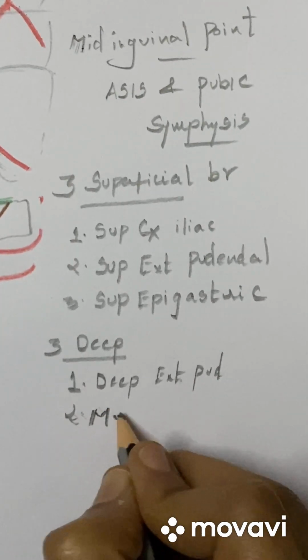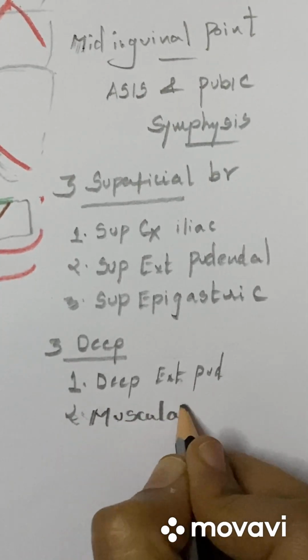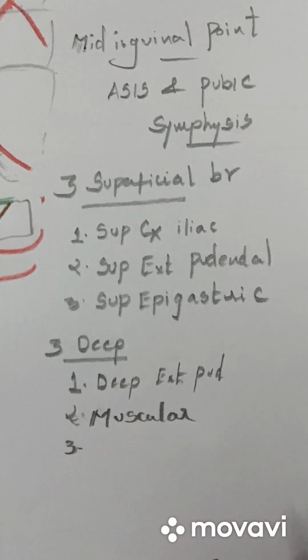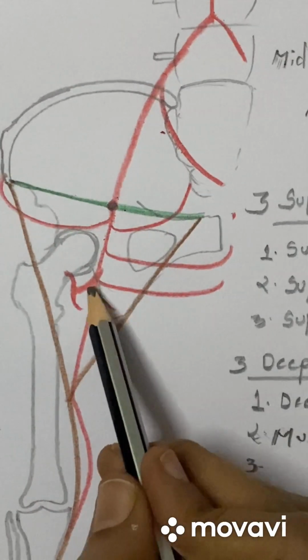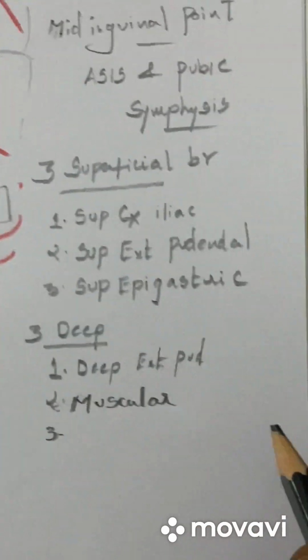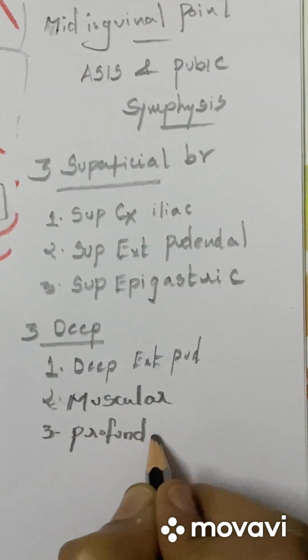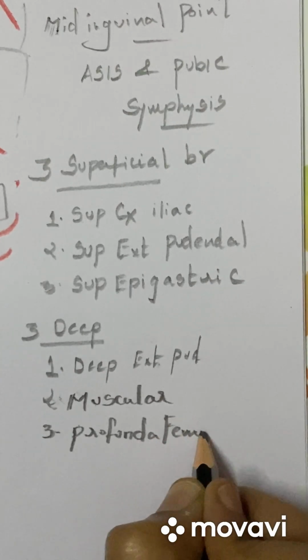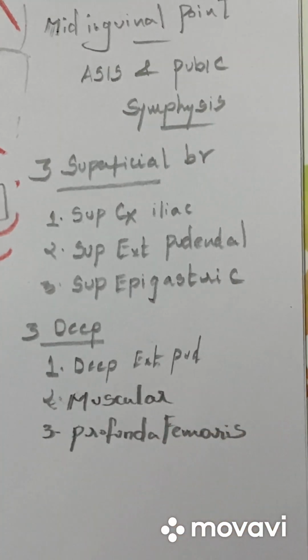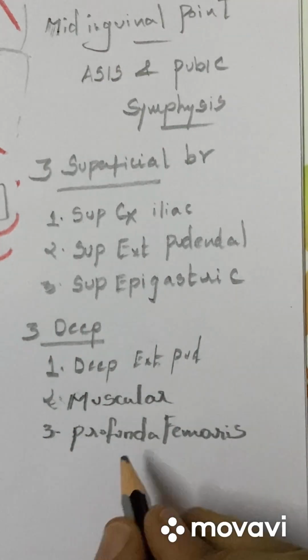Then other two deep branches are muscular artery and profunda femoris artery. This profunda femoris artery is further divided into lateral circumflex femoral artery and medial circumflex femoral artery.